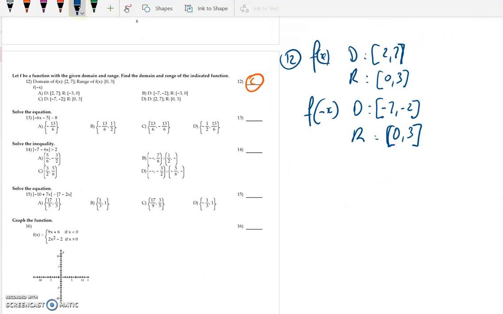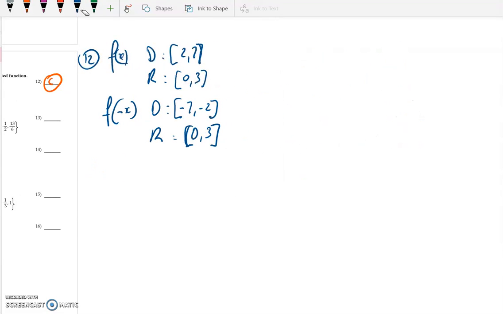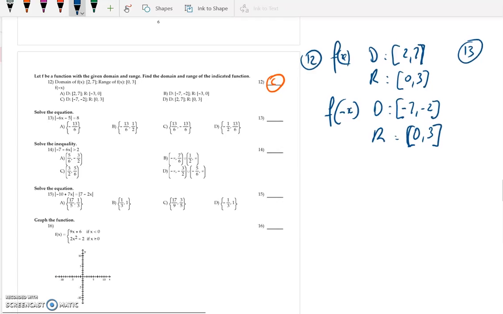Alright. Okay, so now let's try to do problem number 13. And actually I'm going to do problem number 13 on the side of problem number 12. And in this problem number 13, what do we have?